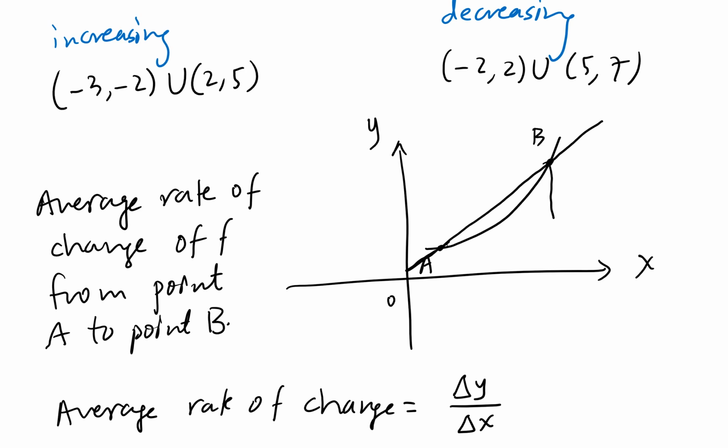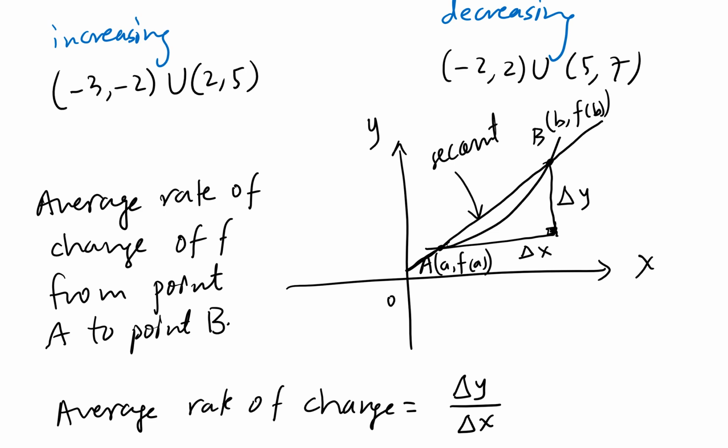So it's the slope. When you drop a horizontal line, this is point B, f of B. Point A, f of A. This distance is delta y, this is delta x. So it's the slope, which is rise over run, the slope of this secant line.